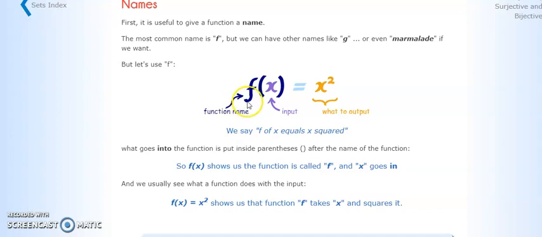Normally f is used, as the spelling of function starts with f, so we take f. But it can be anything. For example, sine is a special kind of name of a function where we find the sine of the value.